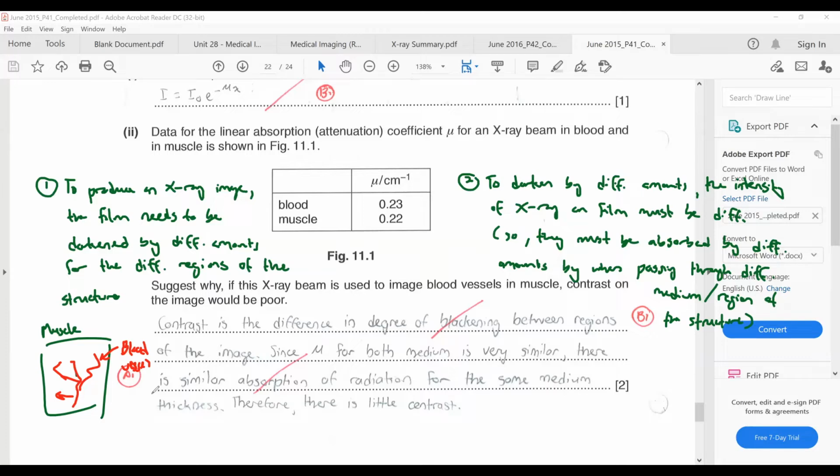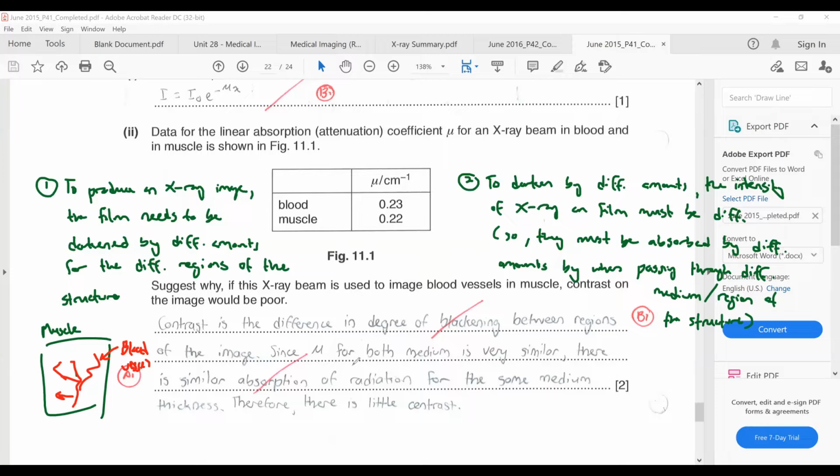That can only be true if you have different X-ray intensity on the different regions of the film, and that in turn is only possible if your structure is absorbing the X-ray by different amounts in the first place.